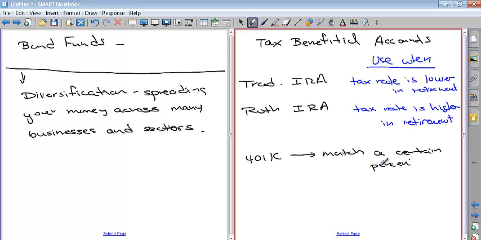A lot of times it's 100%. That's always what you want to check out. They match 100% of what you save up to 6% of your salary for the year.